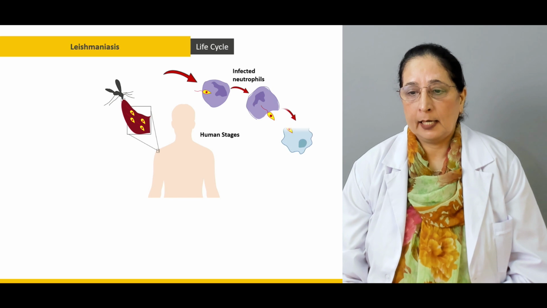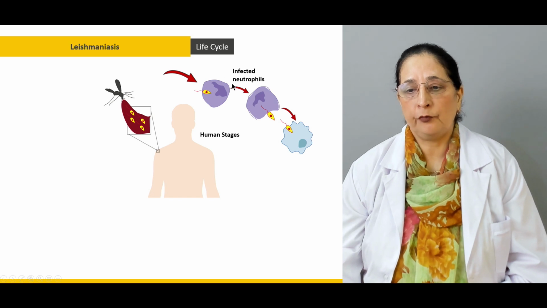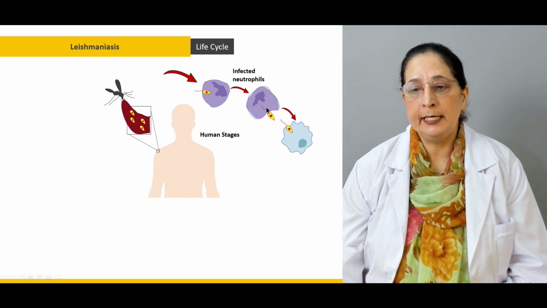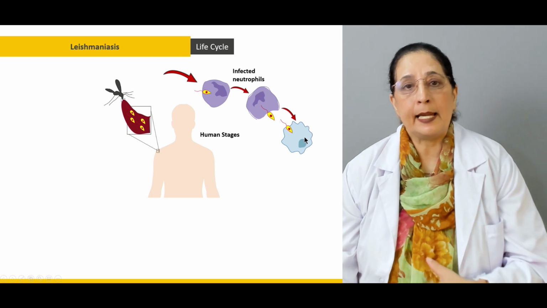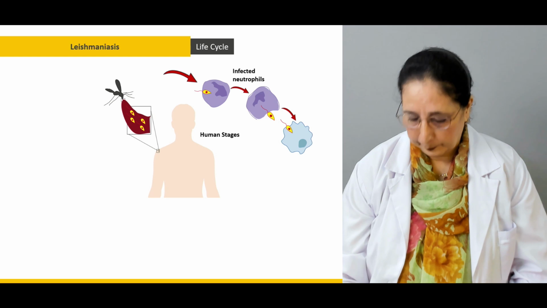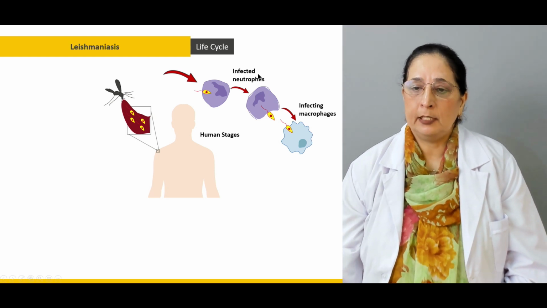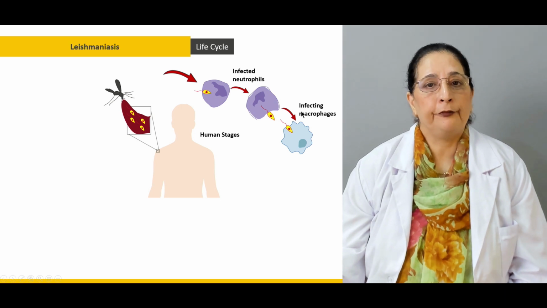It enters the neutrophils and then leaves the neutrophils, attacks other cells, and this way it keeps on propagating. And then from the neutrophils, it goes to the macrophages.